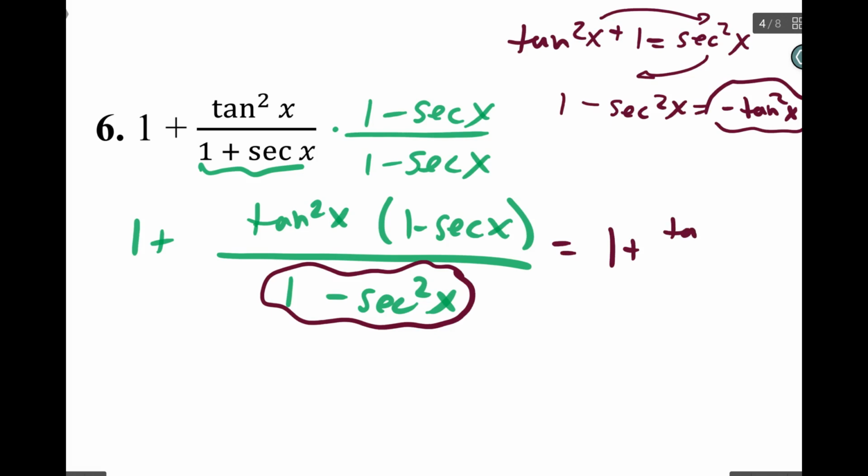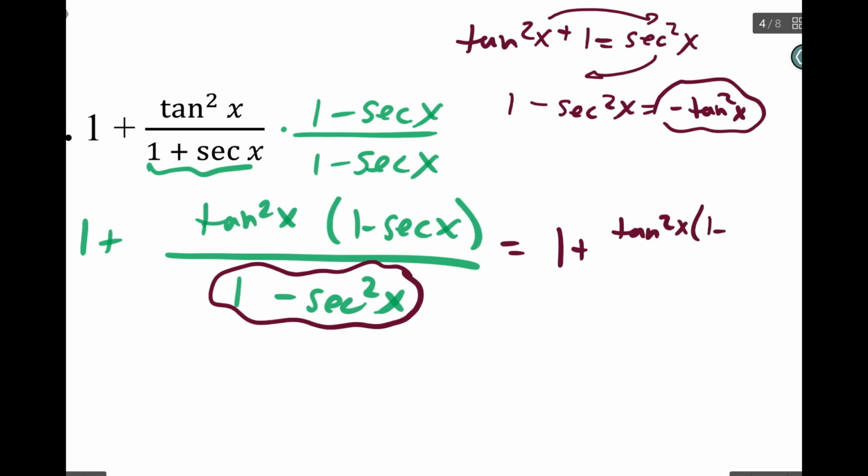1 plus tangent squared x over 1 minus secant x, over negative tangent squared x. That's going to be equal to, let's see, 1 plus, so tangent squared x goes away.